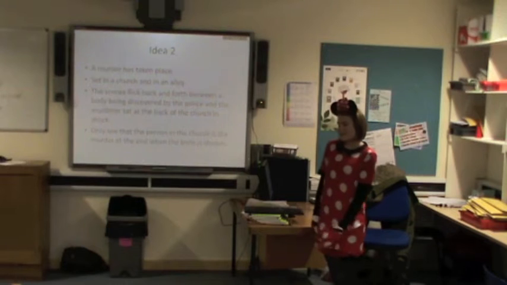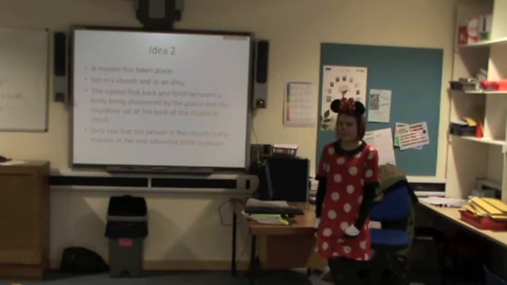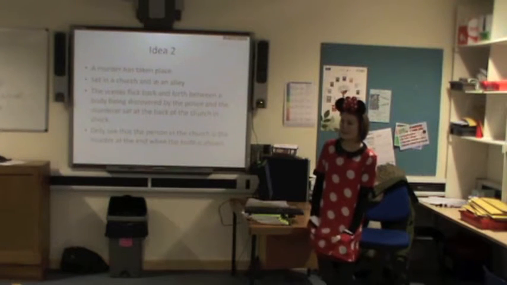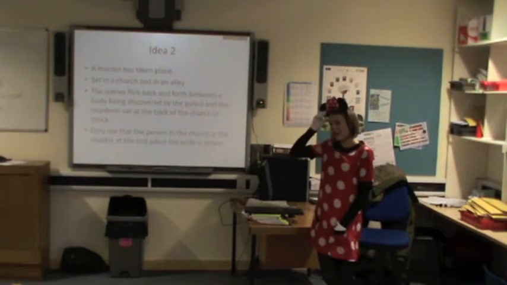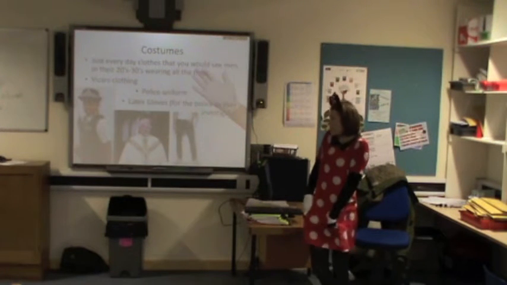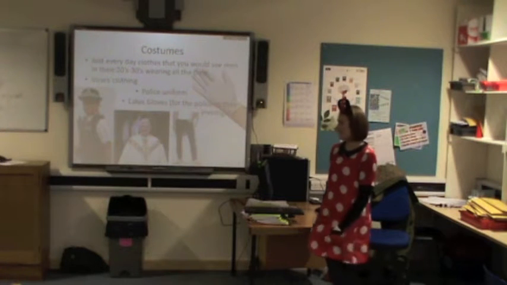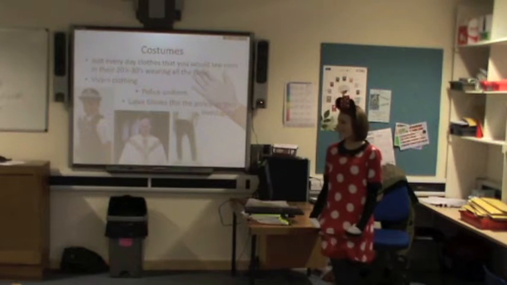At the end the priest walks to the back of the church, and you see that they've got a knife in their hand, so that's where it ends, and it makes the audience keep wanting to know more. For the costumes, it would be everyday clothes, police uniform and a priest outfit, because I used to be a priest.